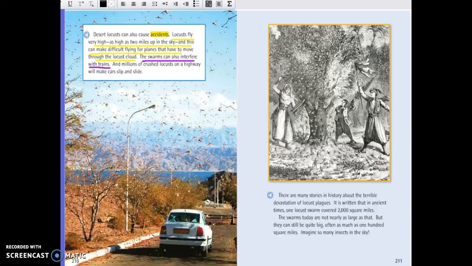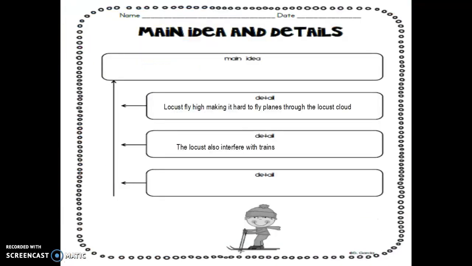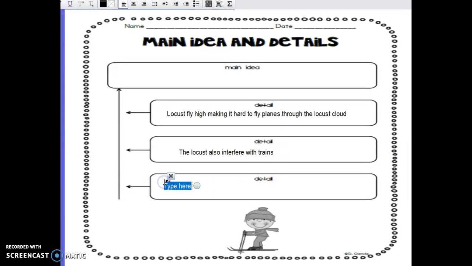And then the last detail from the paragraph says that millions of crushed locusts on highways make the cars slip and slide. So again, that's another piece of information we pulled from this part of the story.